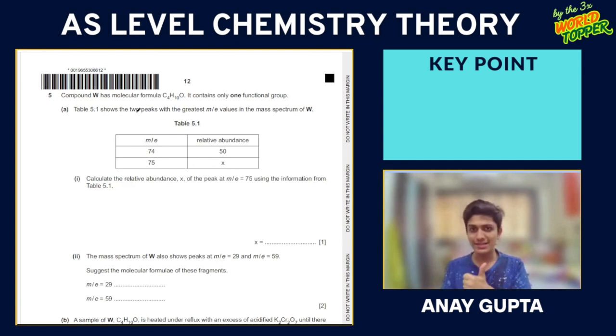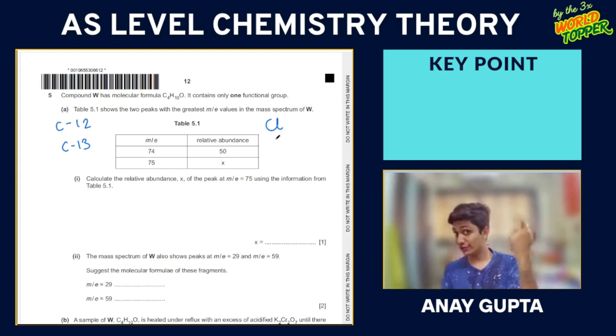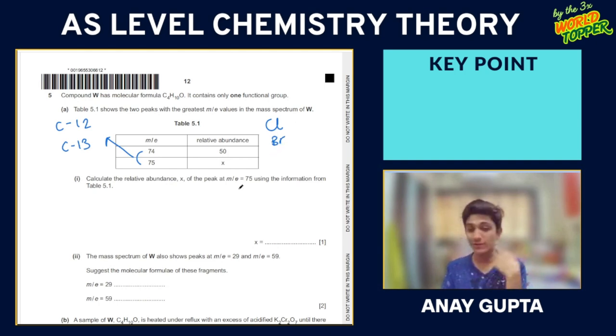So one element is carbon, right? So there could be a carbon-12 isotope or a carbon-13 isotope. Another element that affects peaks is chlorine, chlorine-35 and chlorine-37. Again, another is bromine. So if there's a difference of one, then it is carbon. If there's a difference of two, then it is either chlorine, bromine, iodine, whatever.